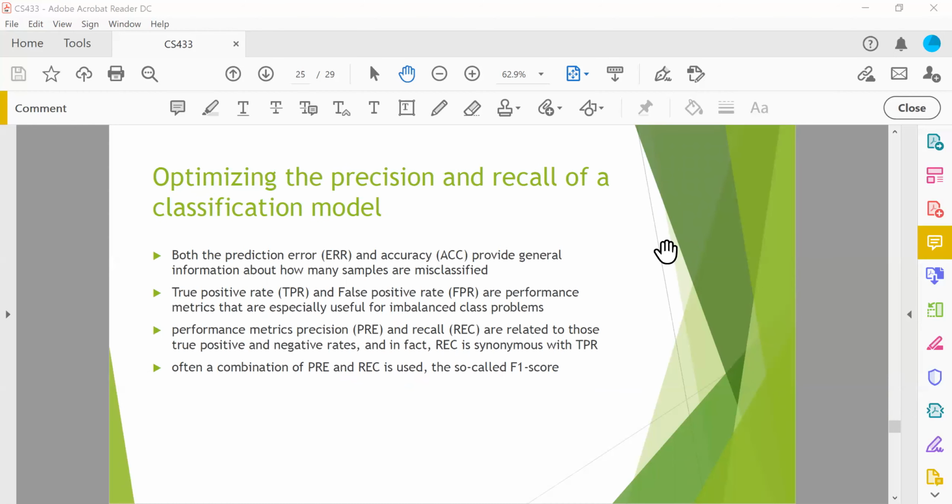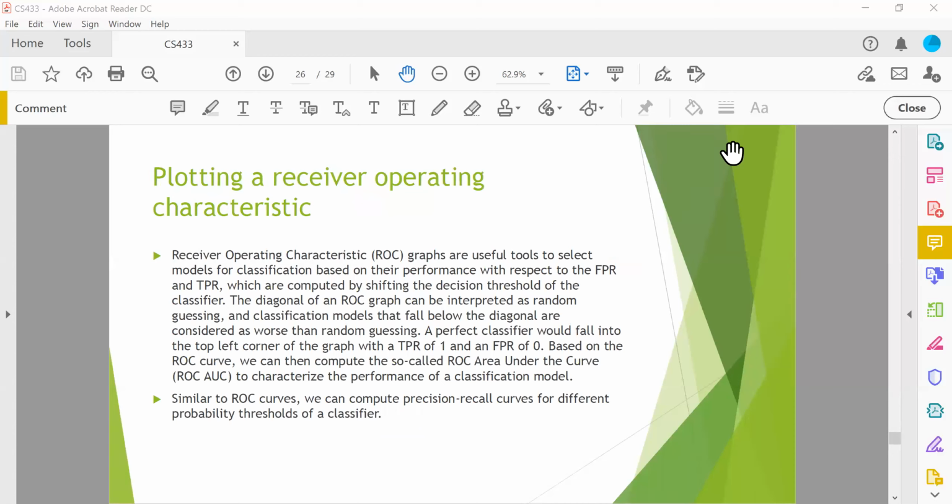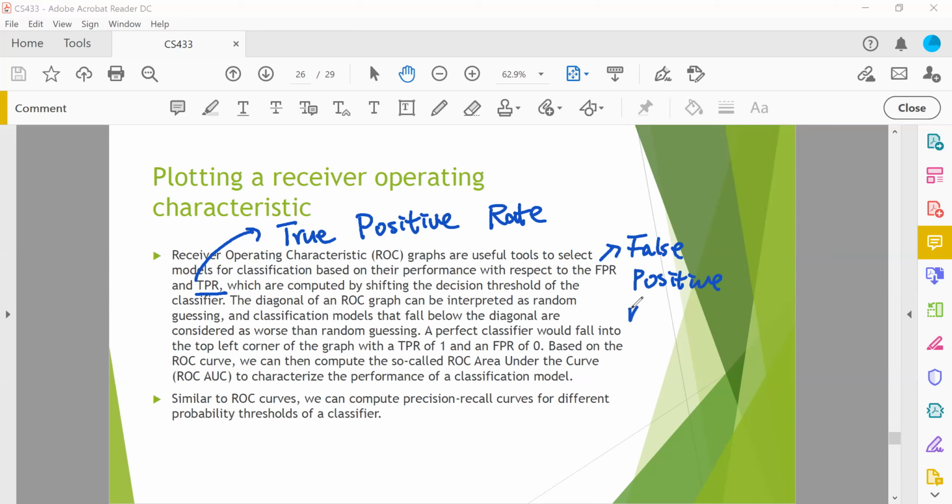And the recall, precision, and confusion matrix we already learned previously. A related concept is the true positive rate, and this represents the false positive rate.